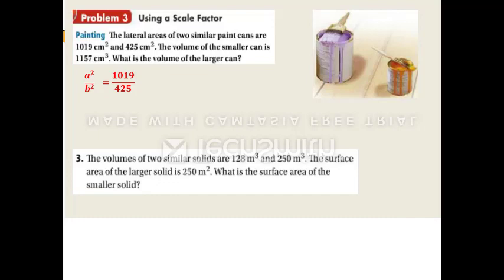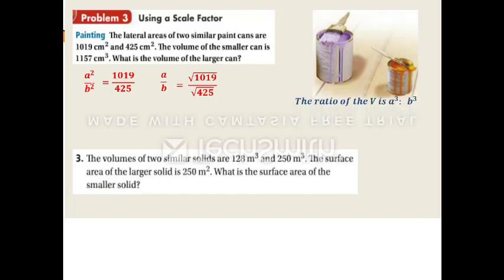Again, remember, to find the scale factor of the areas, we will find the square root of the two areas, 1019 and 425. And to find the ratio of their volumes, the ratio of the volumes, as we said, is a cubed to b cubed.